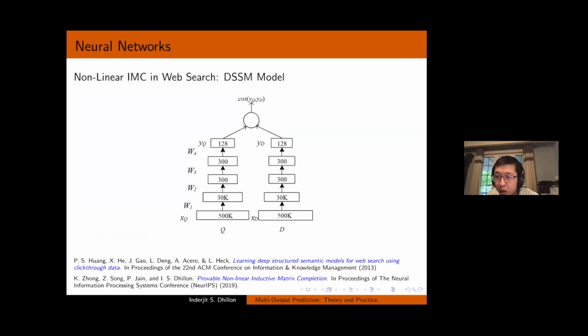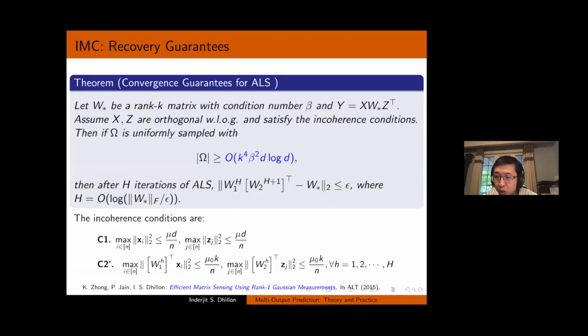So non-convex optimization usually just goes to a local min, but are you claiming a global optimum here? Yes. So when you have these conditions, then this theorem says that after H iterations of ALS, this is going down.